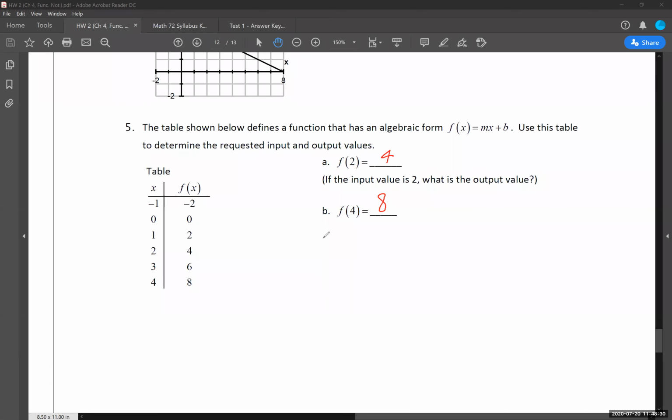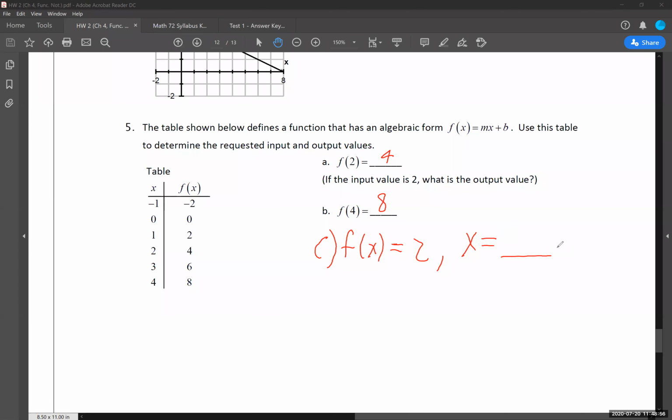So let's say we have a part C. Now, what if we are being asked to find, if f of x is equal to 2, x equals what?